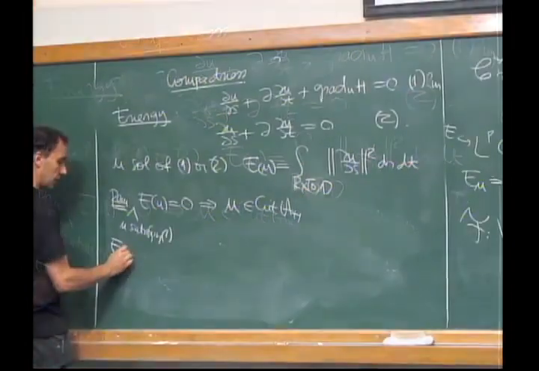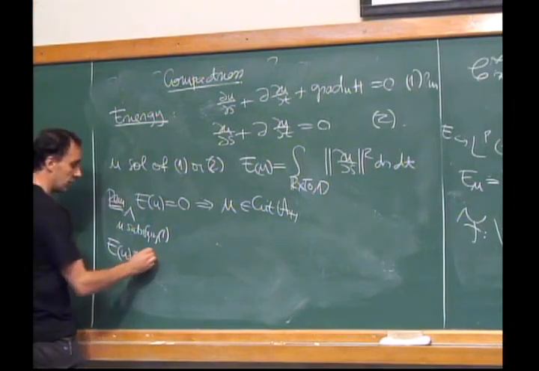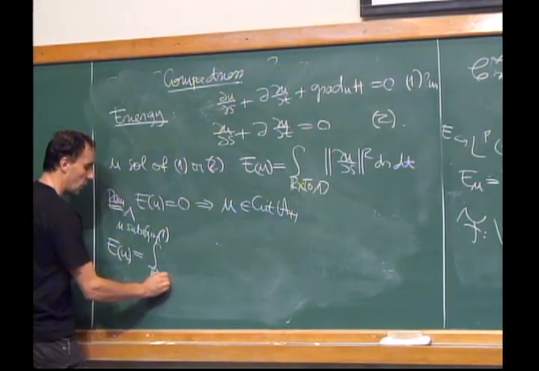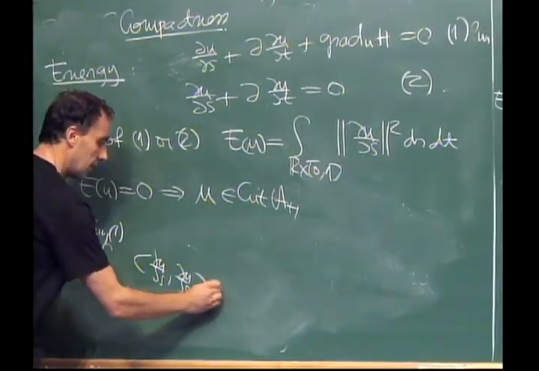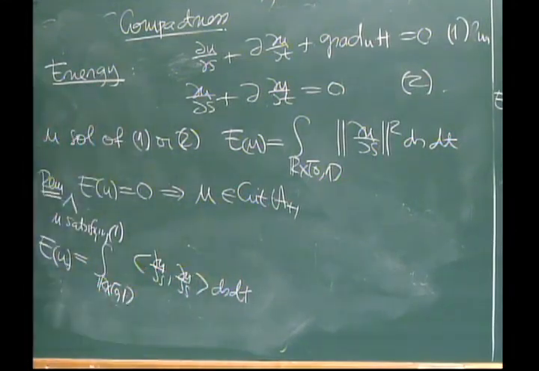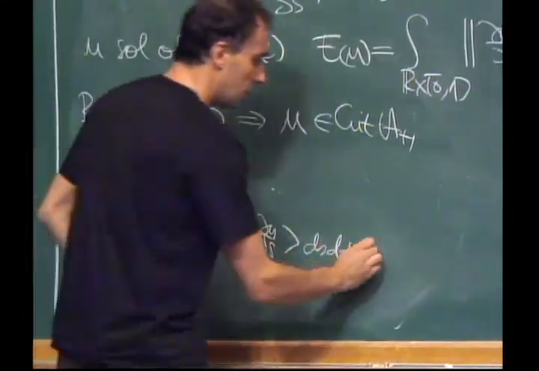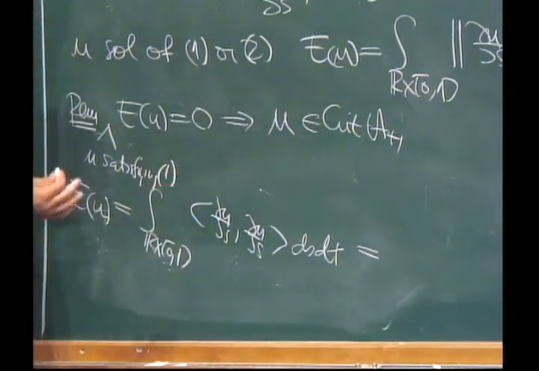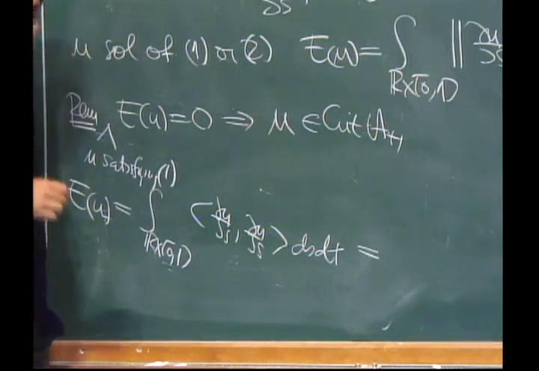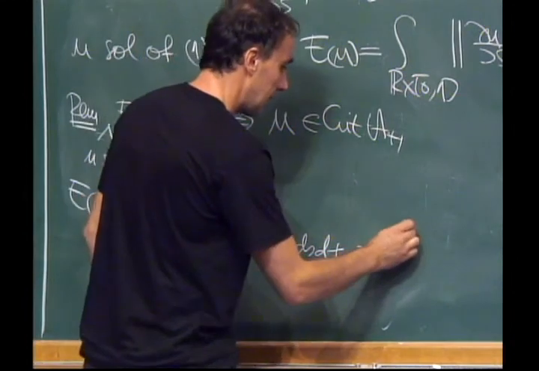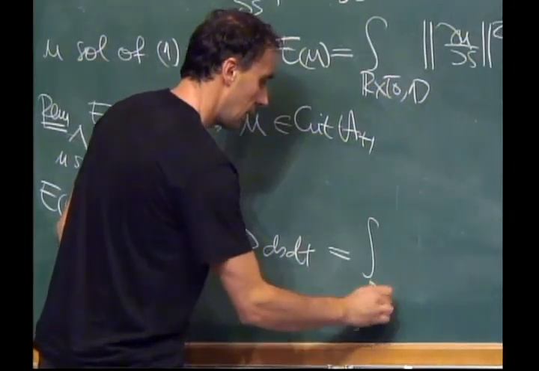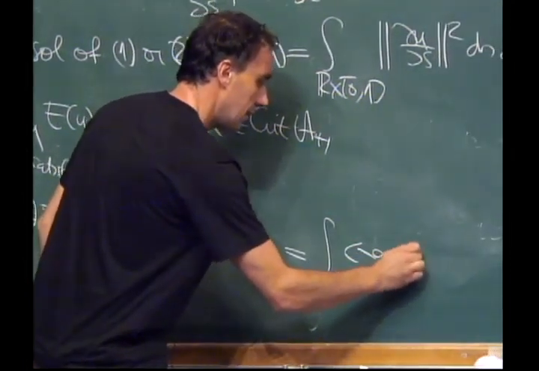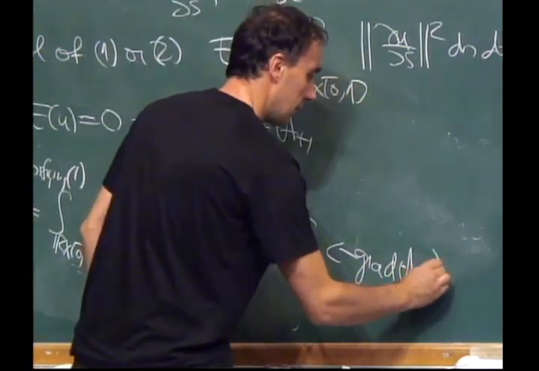The second remark is that the energy of u is the integral of ∂u/∂s, ∂u/∂s. So this is the scalar product on the manifold. Now if you consider the scalar product on the space Ω of paths, you can write this as minus the gradient of A, ∂u/∂s.